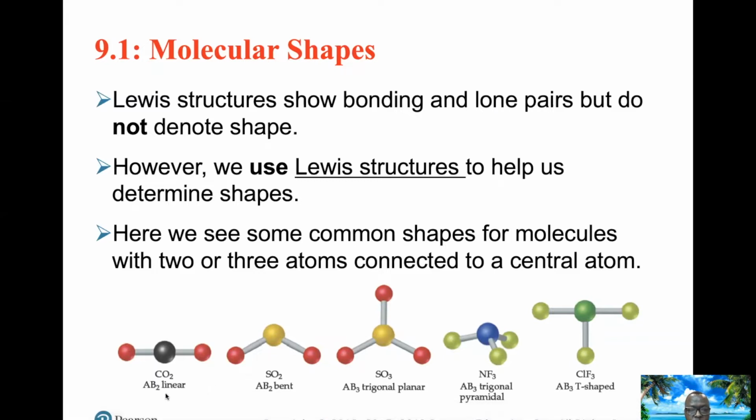First of all, what do these AX2, AX3 and so on mean? In conjunction with the Lewis structure, we will use this general formula for predicting the shape of a molecule or polyatomic ion.